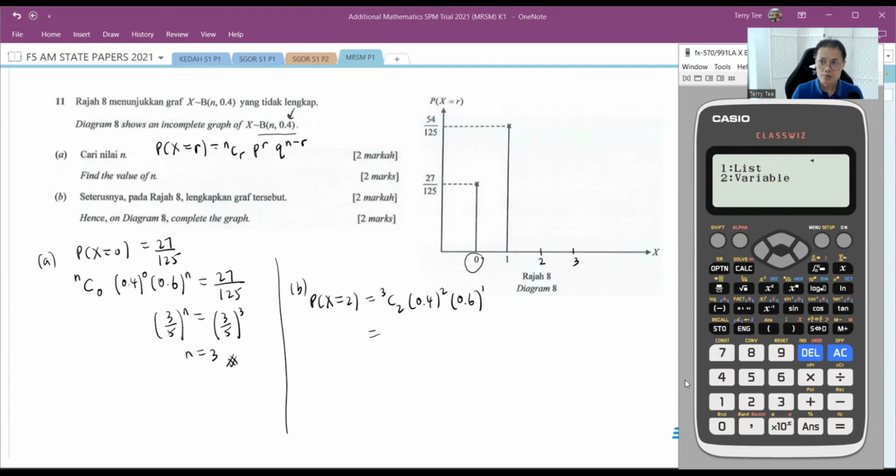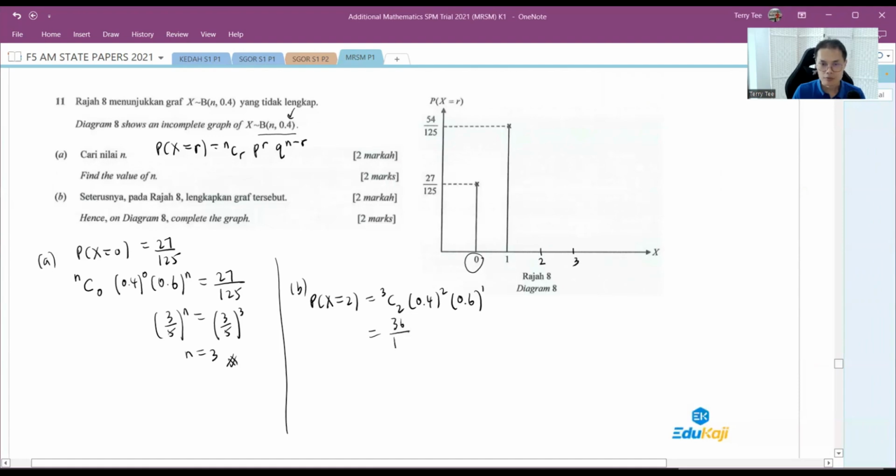Now, you can choose to calculate individually or multiple values. Individually means we take variable 2. Your x is now 2. Your n is now 3. Your probability is 0.4. And then you count, you will get 0.288 or 36 over 125. Now, since everything is given in the form of fractions, I'll take 36 over 125, instead of multiplying the normal way.